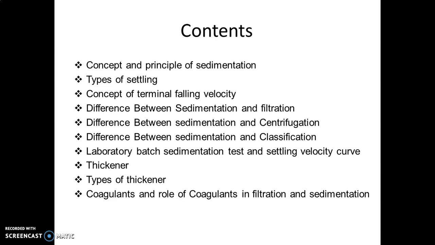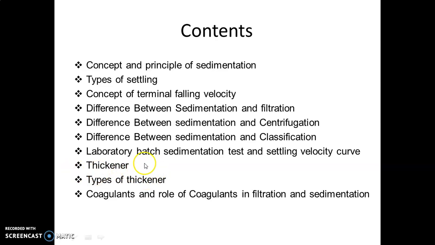After that, I discussed laboratory batch sedimentation, which is carried out in a laboratory, and from that how to draw the settling velocity curve, which we also discussed. Then the equipment for sedimentation is called a thickener.